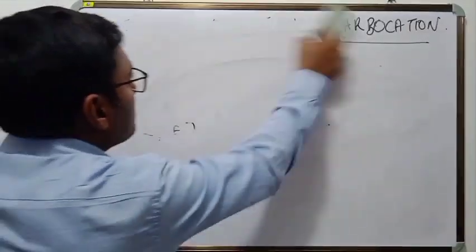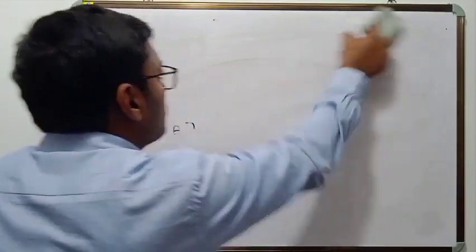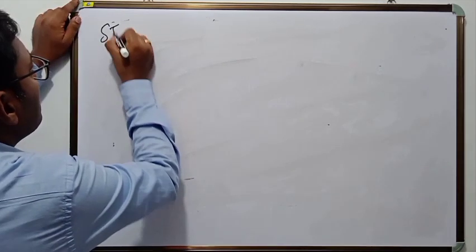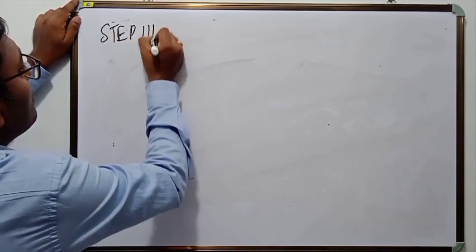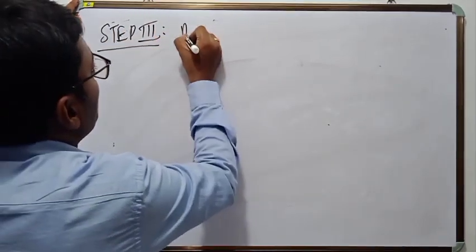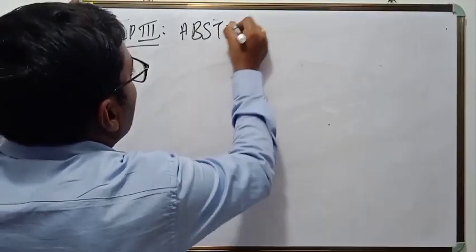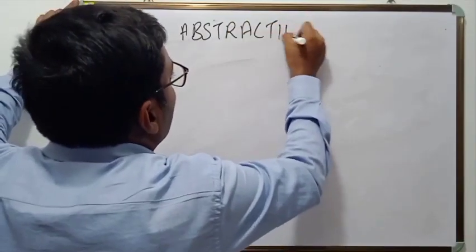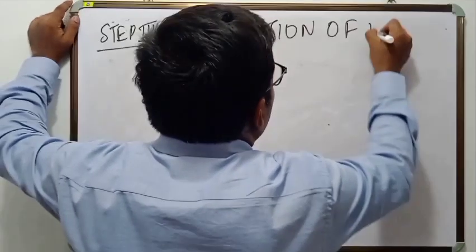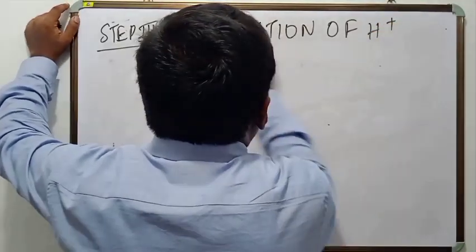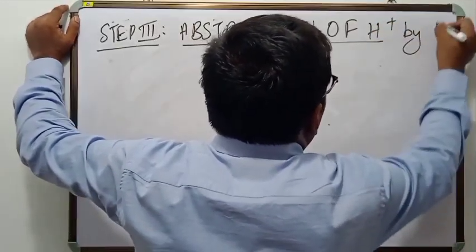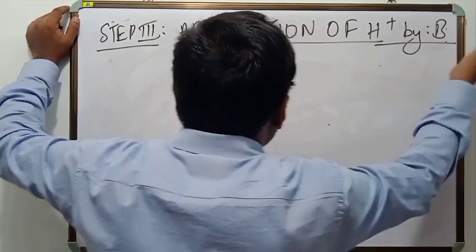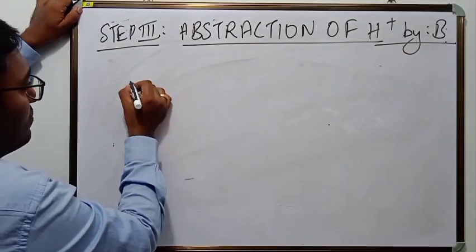Step 3, abstraction of proton by base, a Lewis base, of course. Now what would happen?